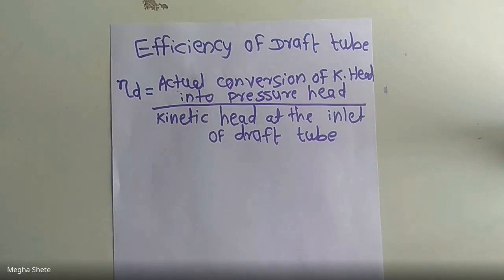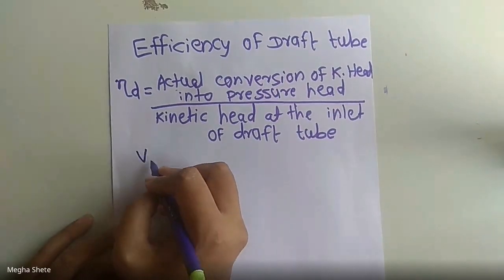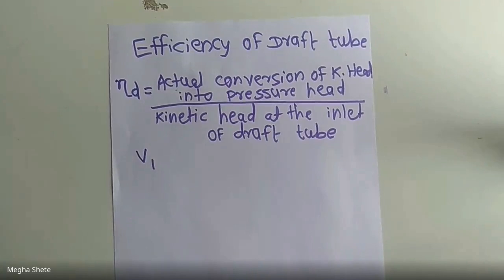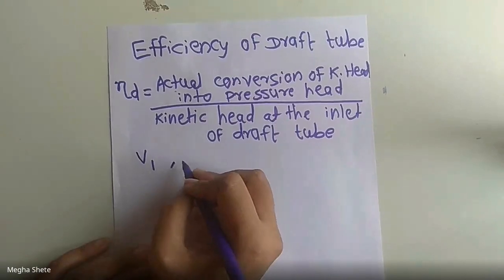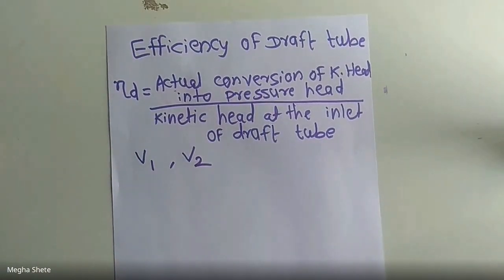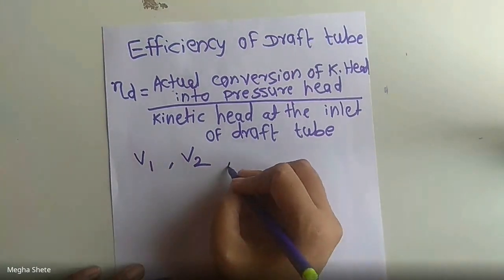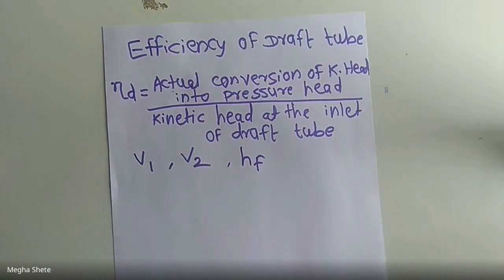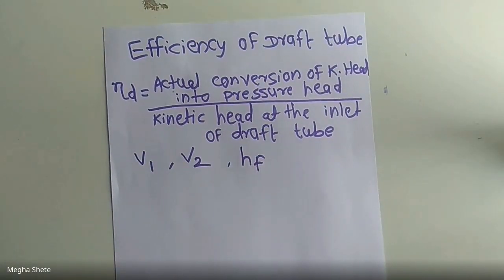Let V1 is equal to velocity of water at the inlet of the draft tube, V2 is the velocity of the water at the outlet of the draft tube, and HF is equal to loss of head in the draft tube.